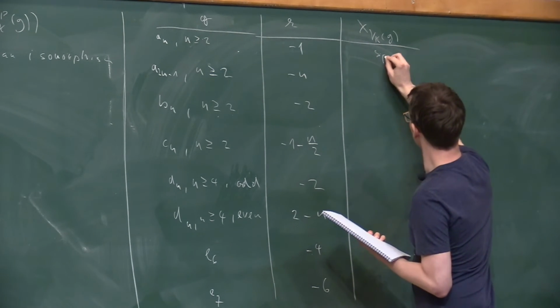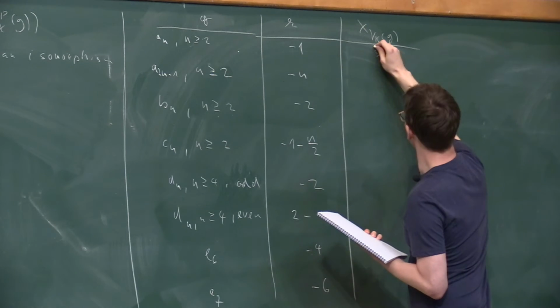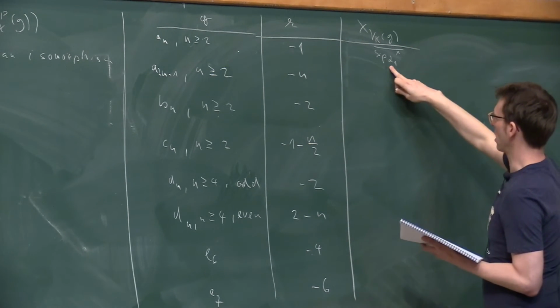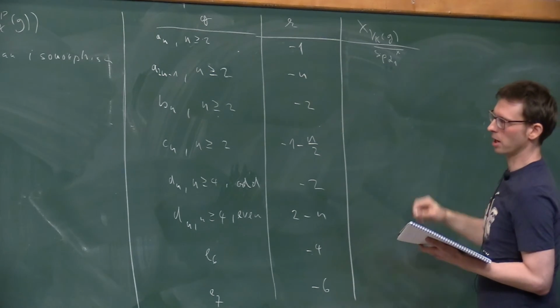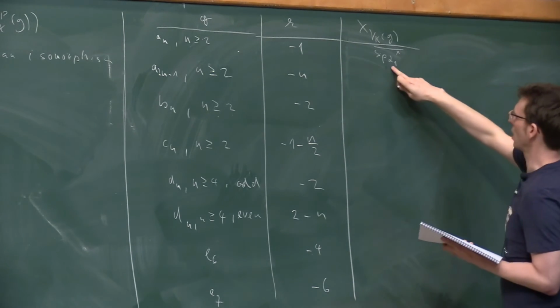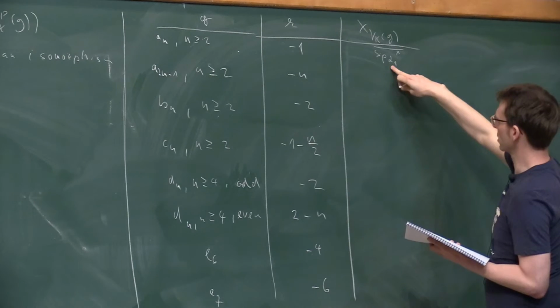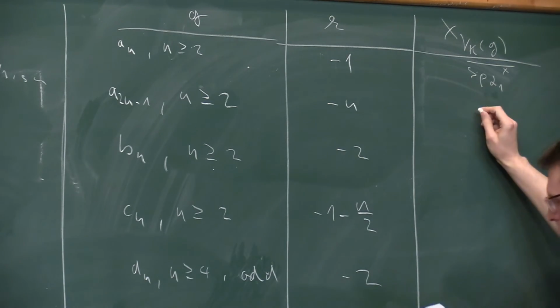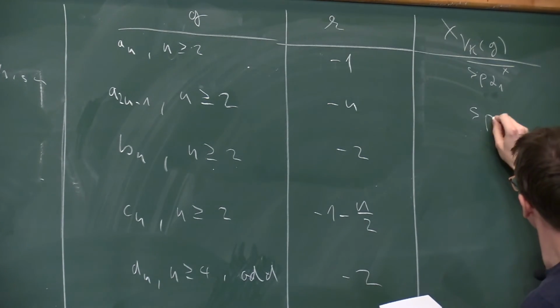So in this case, the associated variety is some Dixmier sheet closure. By P alpha 1, I mean the parabolic subalgebra associated to the root alpha 1. So you omit the first root, and the other roots generate the Levi subalgebra. So this is SP.